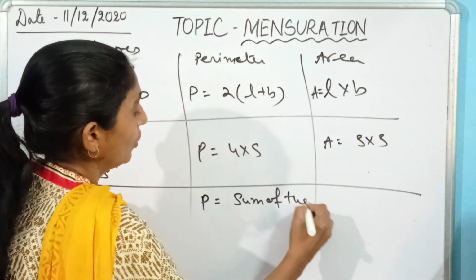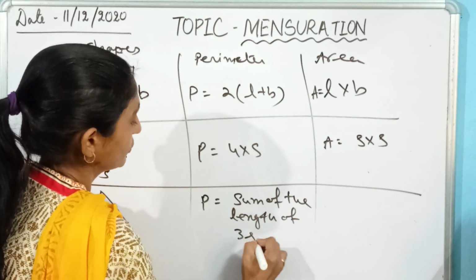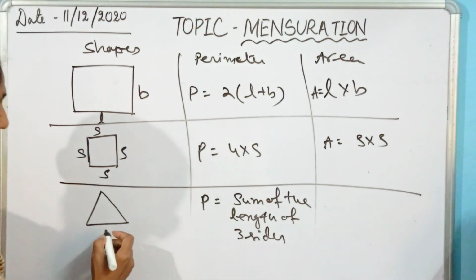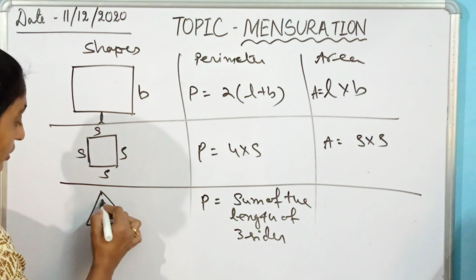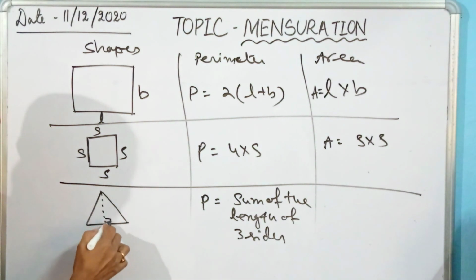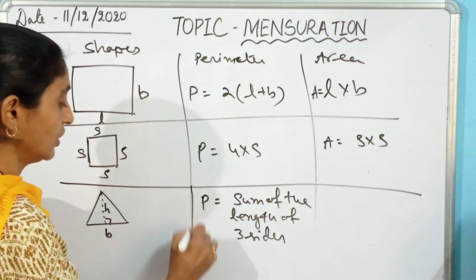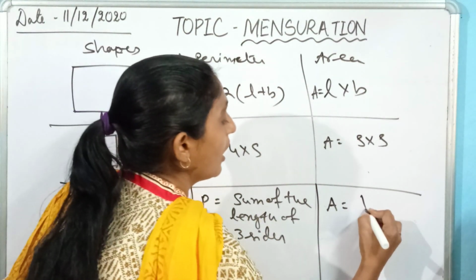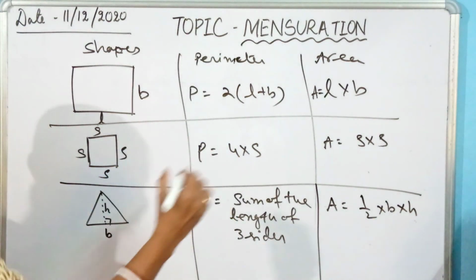And for area, suppose we are considering this side as the base, and the perpendicular distance from the vertex to the base is the height. Let me mark it height. So our formula for the area of a triangle was half into base into height. And all are square unit.